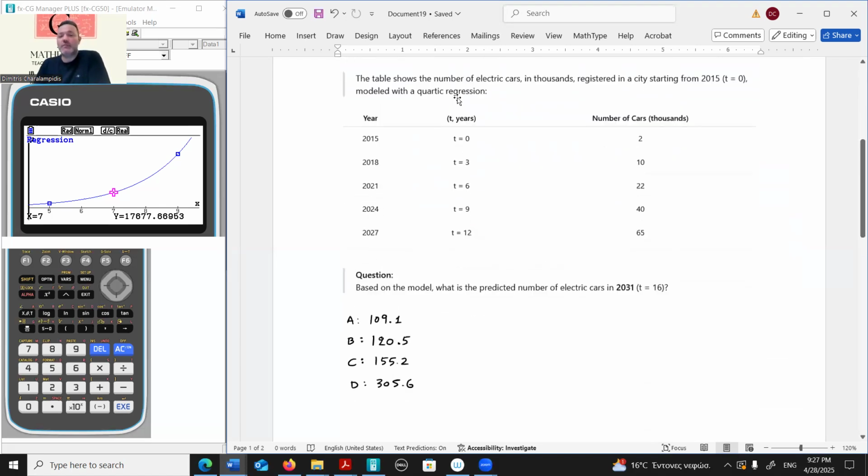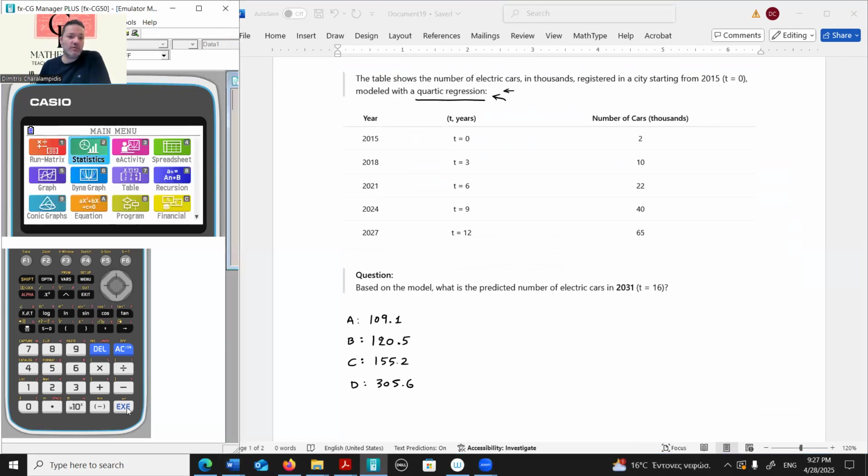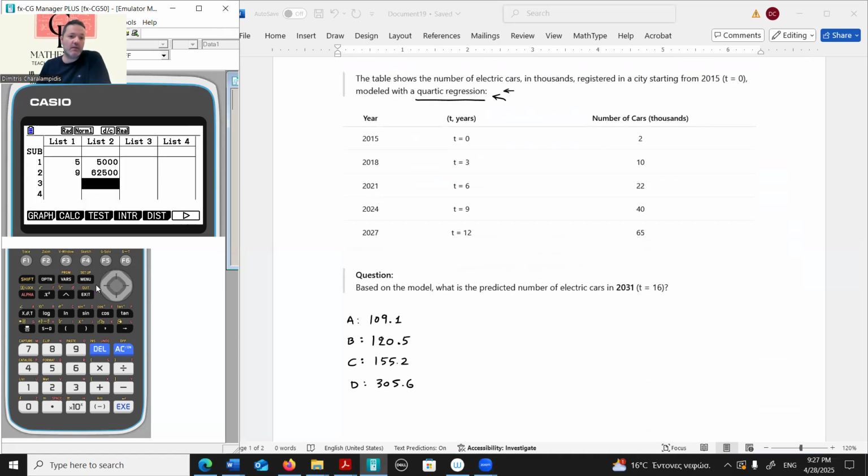Let's move on to exercise 2. The table shows the number of electric cars in thousands registered in a city starting from 2015, which stands for t equals 0, modeled with a quartic regression. That's what we needed. Once again, we will go to the menu, statistics. Let me exit, exit, exit. Let's clear out everything.